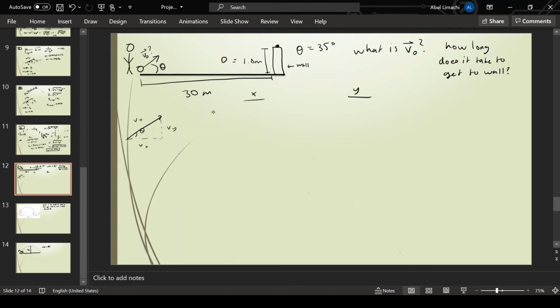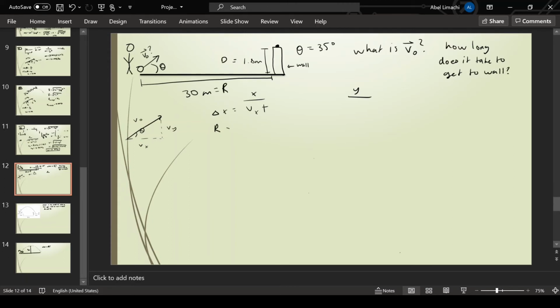So, the plan is x direction, y direction. In the x direction, we know that delta x equals vx t. We know that delta x is this 30 meters, so I'm going to call it r.